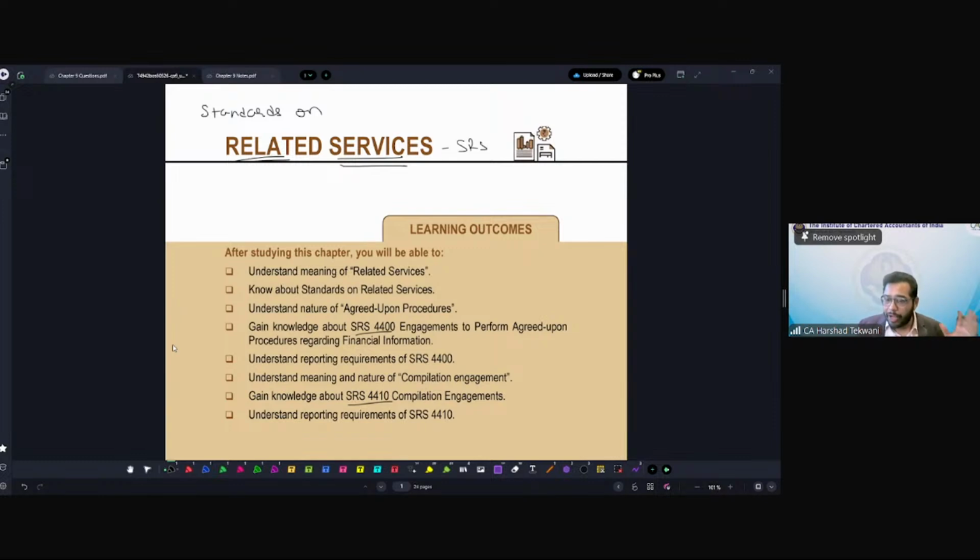But as of now, just keep in mind that there are two SRS, 4400 and 4410. 4400 predominantly talks about agreed upon procedures, and 4410 talks about compilation engagements. So we will understand what are agreed upon procedures, what are related services, what is a compilation engagement and what these standards require. That will be covered under chapter number 9, that is related services.